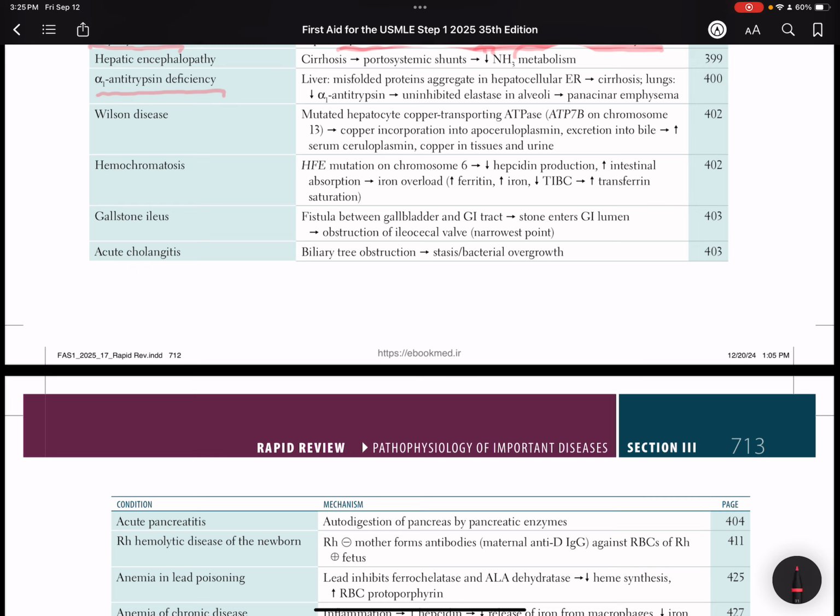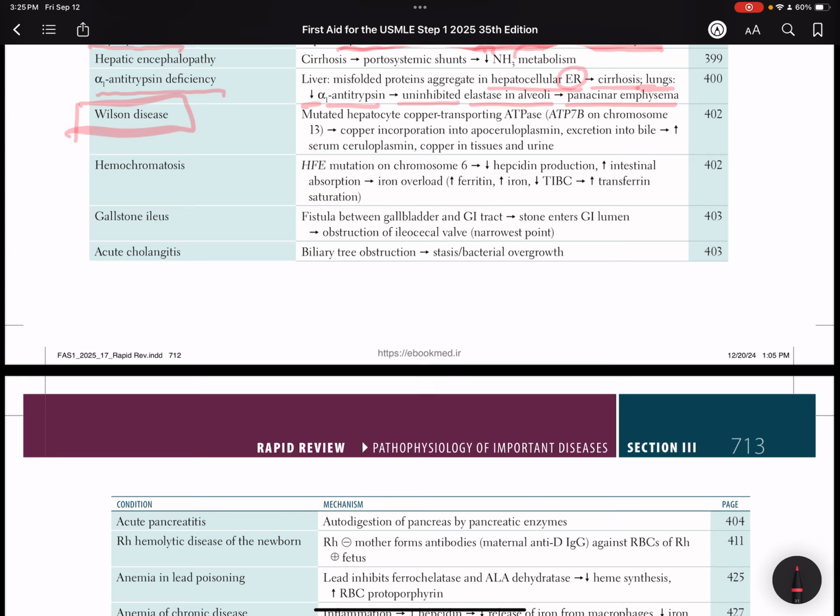So in liver, it causes misfolded protein aggregate in hepatocellular endoplasmic reticulum. This leads to cirrhosis. In lungs, you see decreased alpha-1 antitrypsin causing uninhibited elastase in alveoli, leading to pan-acinar emphysema.